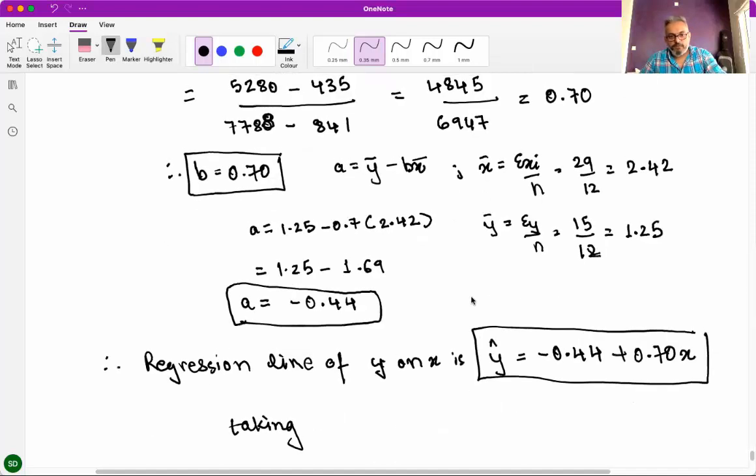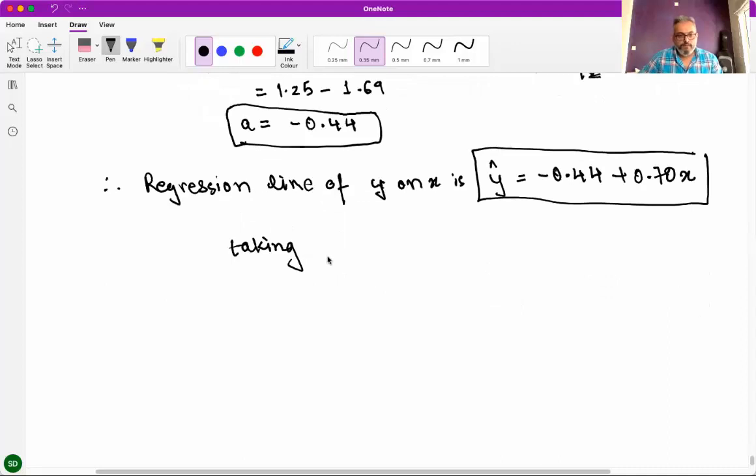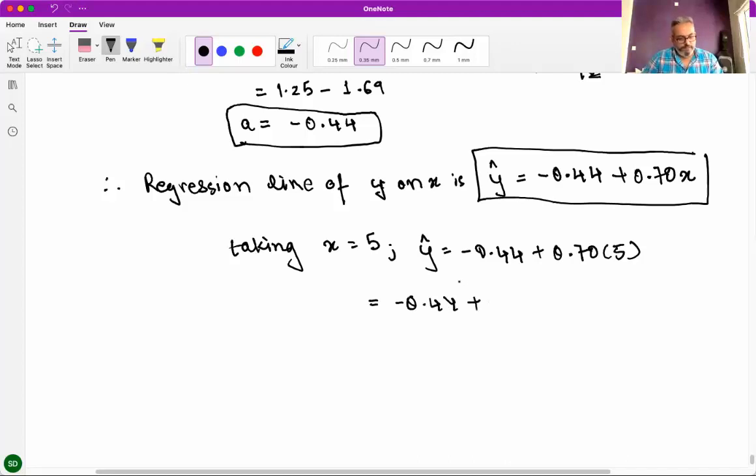Okay, so I continue. Taking x is equal to 5, y cap is equal to minus 0.44 plus 0.70 into 5, which is equal to minus 0.44 plus 3.5, which is equal to 3.06.